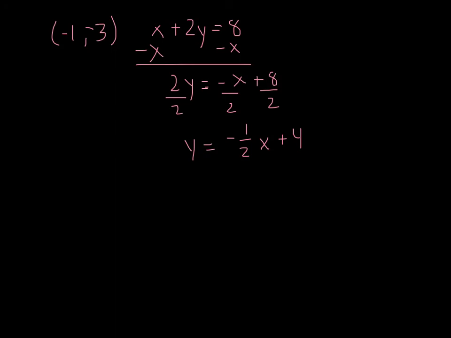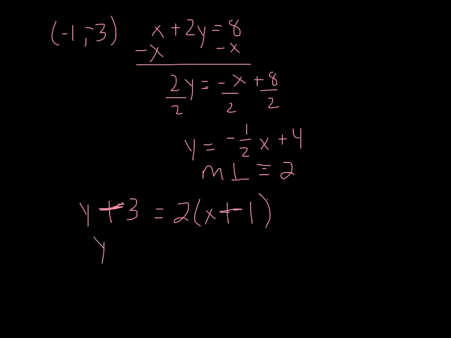Okay, so the slope of our perpendicular is going to be positive 2, because that's the reciprocal of 1/2 with the opposite sign. Sorry about that extra mark there. So we're going to do y minus negative 3, which we'll just make a plus, equals 2 times x minus negative 1, which will make a plus also.